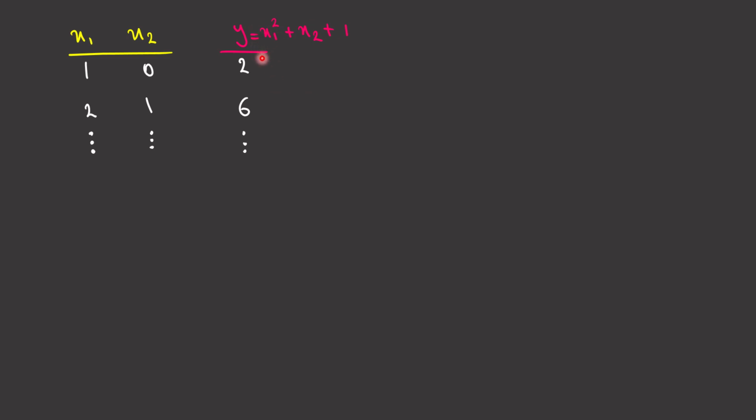You can see the actual relationship is x1 to the power of 2 plus x2 plus 1. But based on the training data, we want to enable the neural network to capture and understand this relationship. Because the y variable is a numerical variable, this problem is a regression problem.